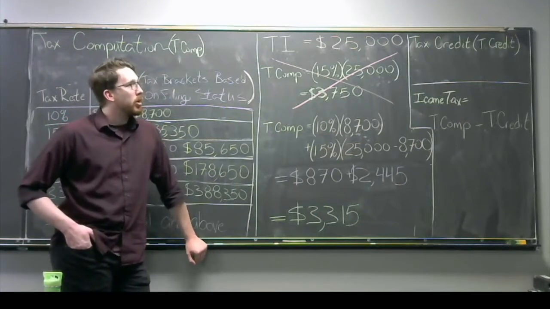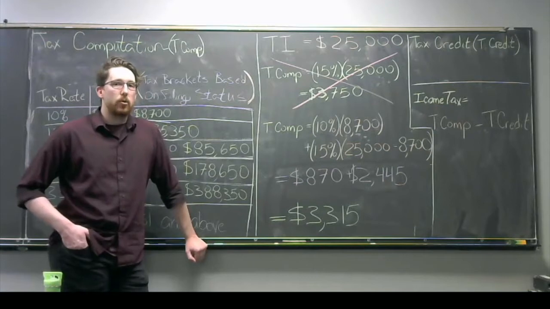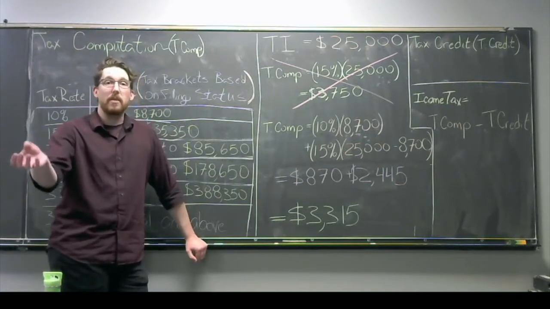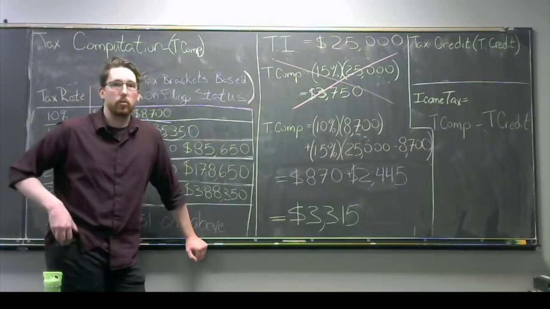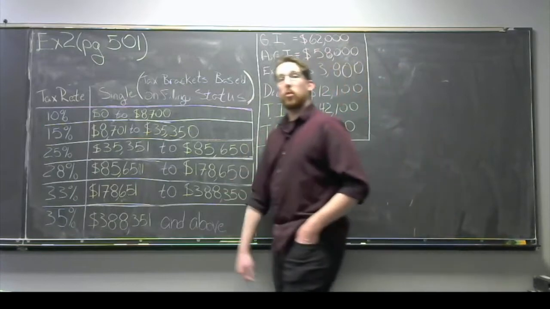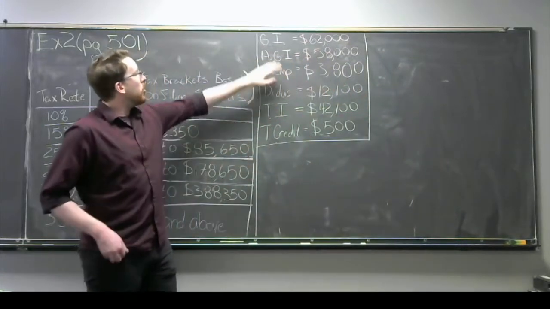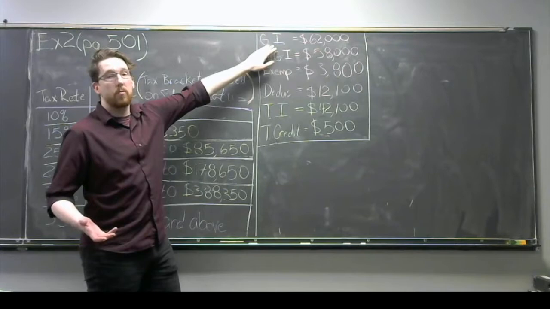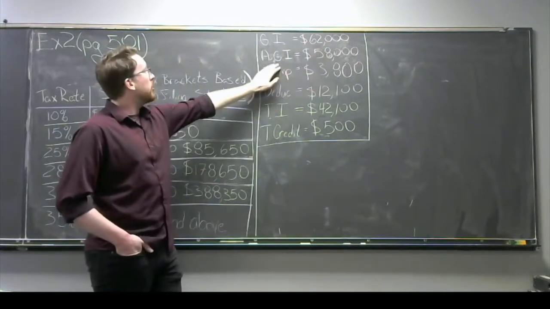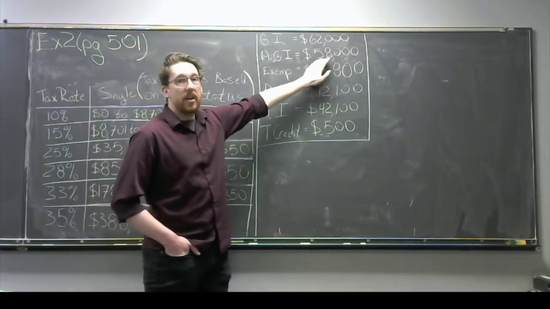Having said that, let's look at that last example and calculate what the final income tax would be for that particular individual. Returning now to example 2 on page 501, what we had was a woman who made a gross income of $62,000. She had an adjusted gross income of $58,000.